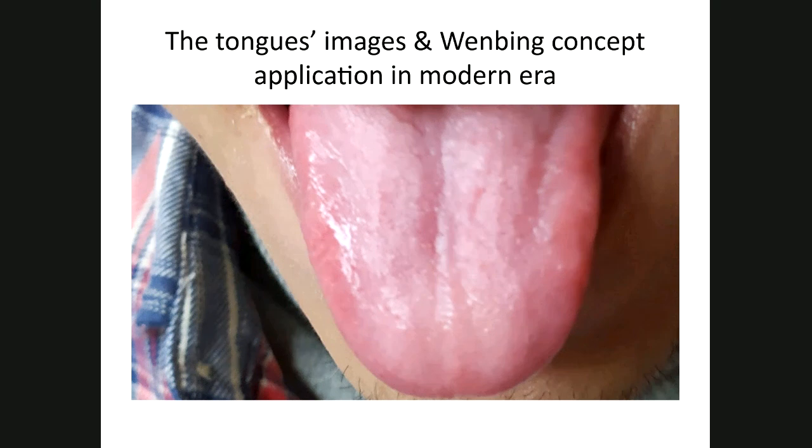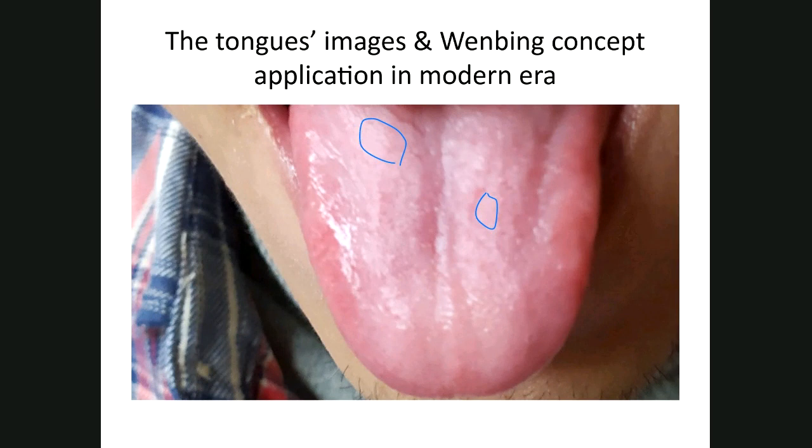Now, because this image is not as clear as it should be, but based on the fused tongue coating, can you see this tongue coating fused together? Yes, so this is very greasy, but it does have cracks.